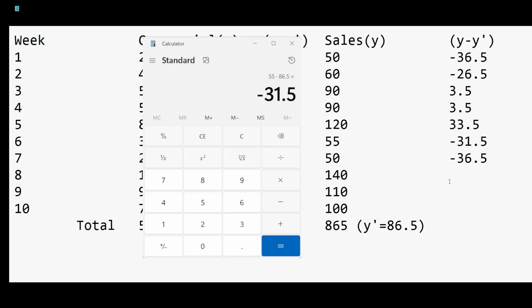And then 140 minus 86.5 is 53.5. 110 minus 86.5 equals 23.5. 100 minus 86.5 equals 13.5.